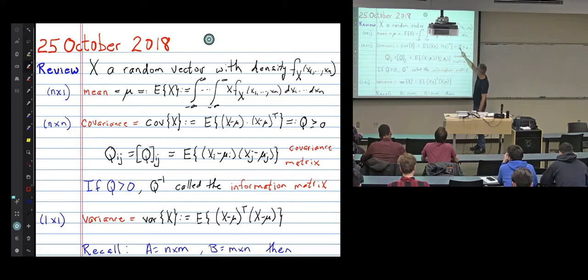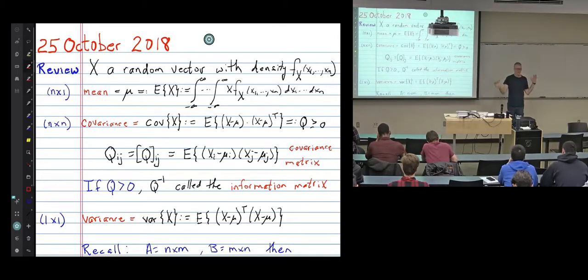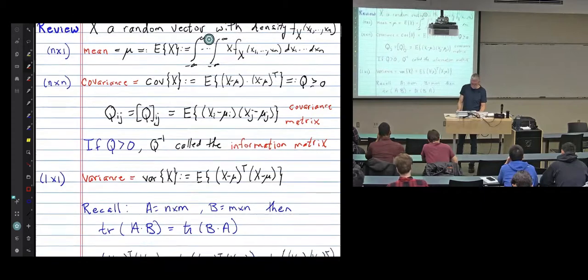And since the eigenvalues of a symmetric positive semi-definite matrix are non-negative, that means all of the eigenvalues are positive. Okay, so Q is now positive definite. It has an inverse, and that has a name. It's called the information matrix. We see it a lot, but we don't use it explicitly too much in the course, but it's good to know that term, information matrix.